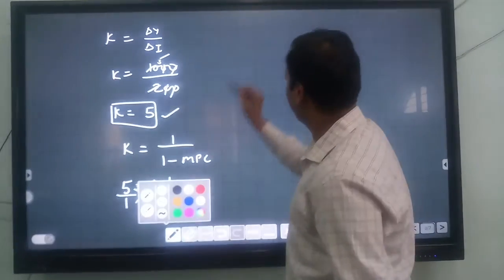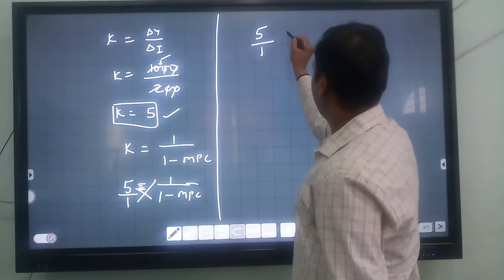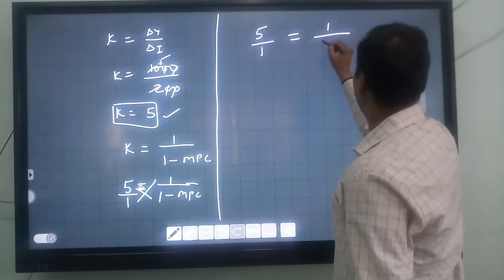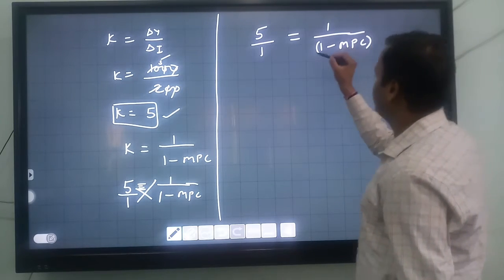So 5 upon 1 is equal to 1 upon 1 minus MPC. So you just put the bracket over here.